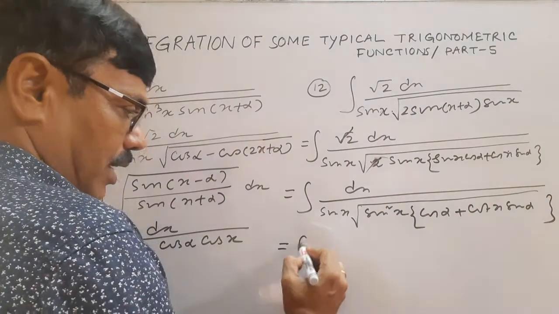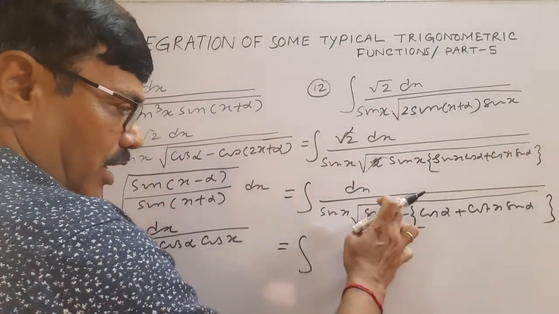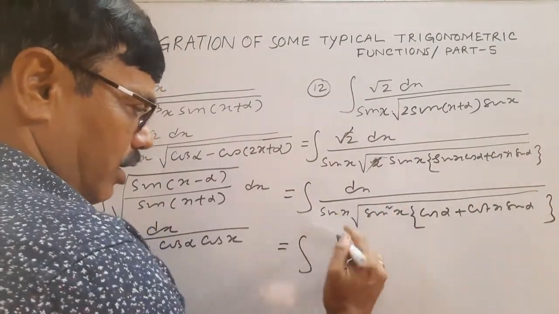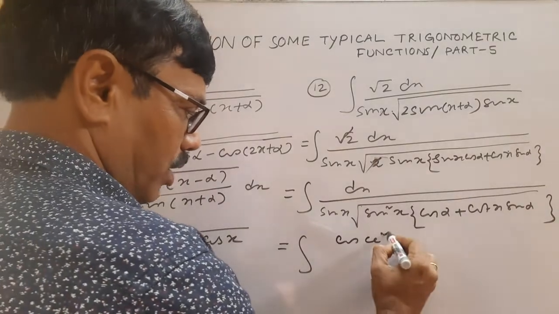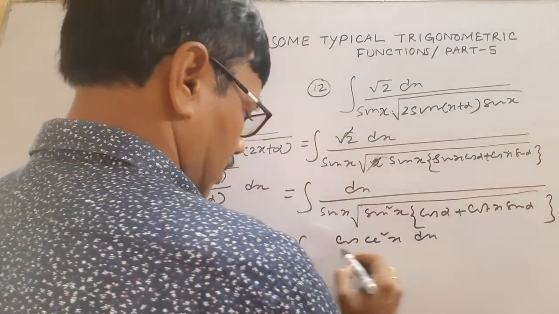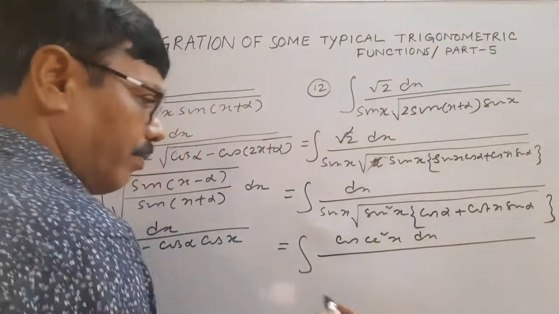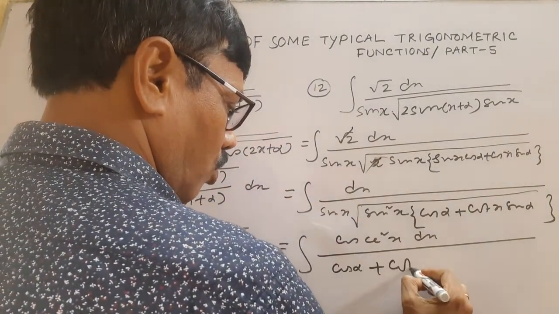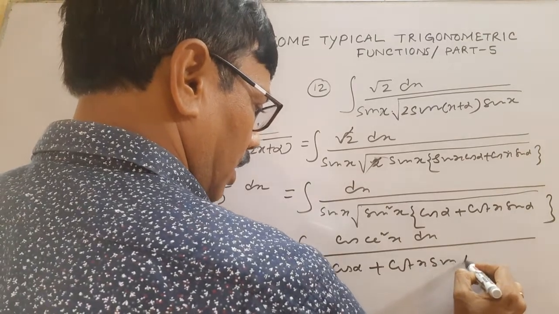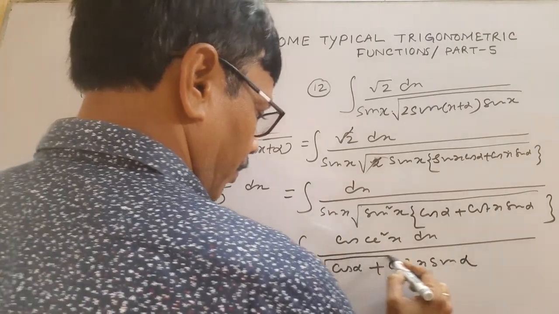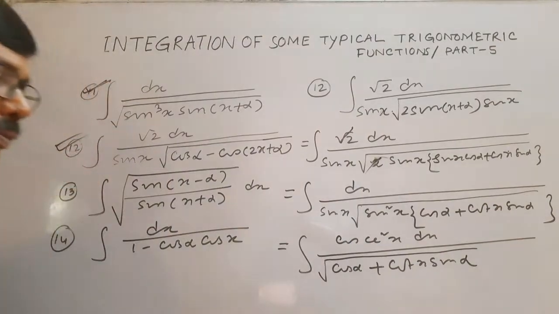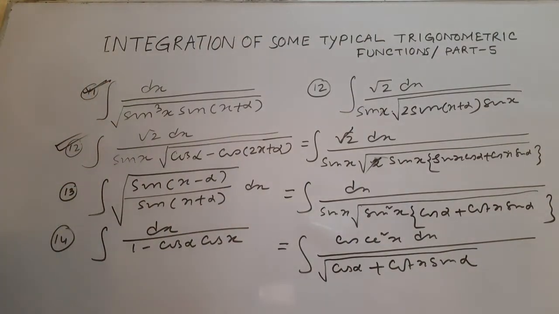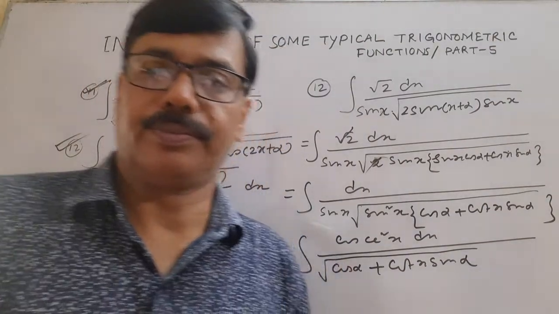So we are getting sine square outside, so it will be cosec square x dx, root over cos alpha plus cot x sine alpha. So we are getting this one.